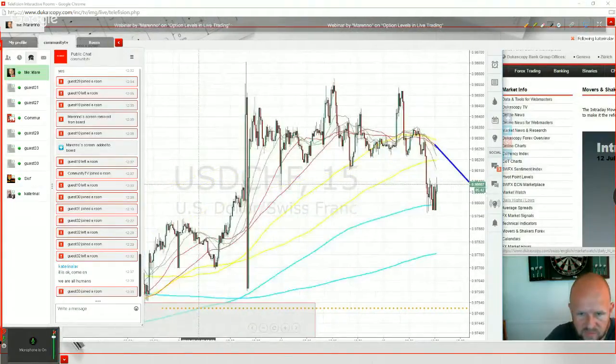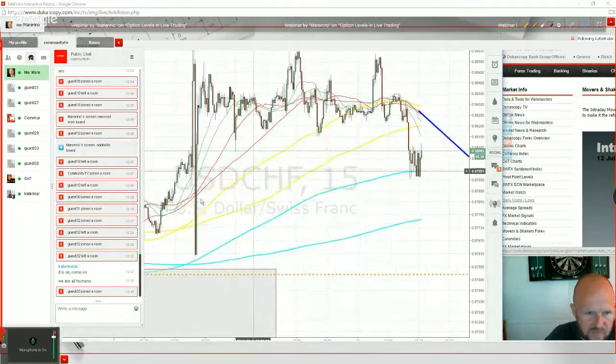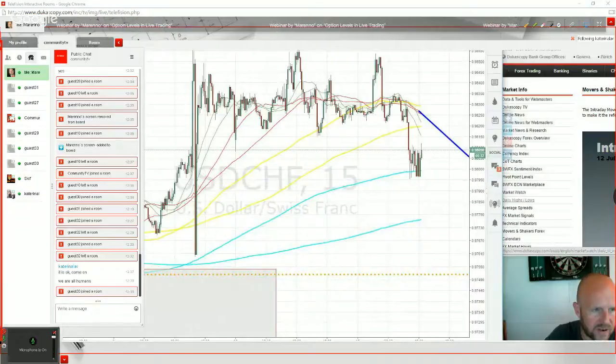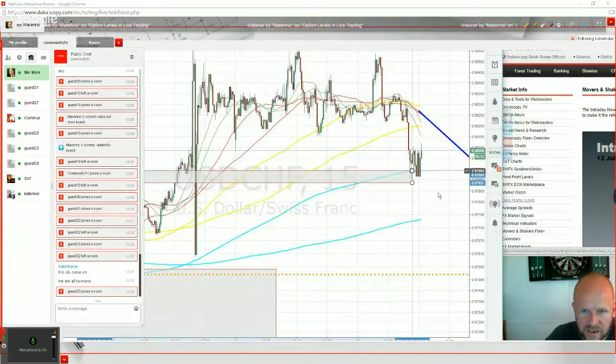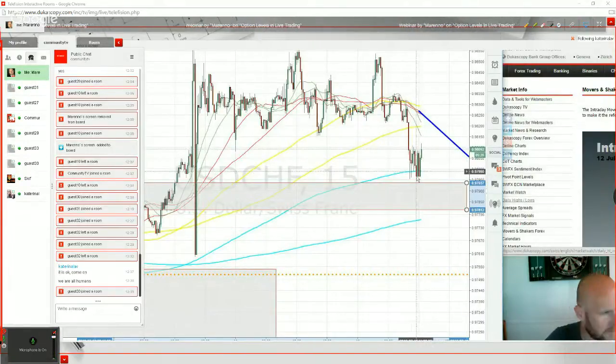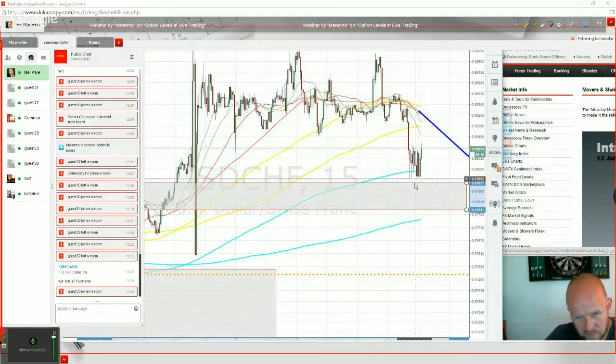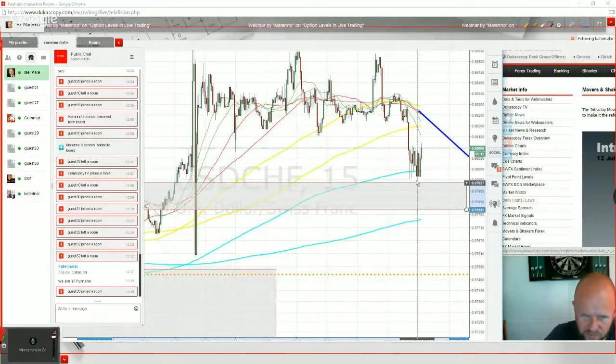Okay, so as we can see here, we do have a support area. And as it's not that clear a science, I mean trading and technical analysis, and we didn't get back right into the area of support, but well, almost got back to it here.